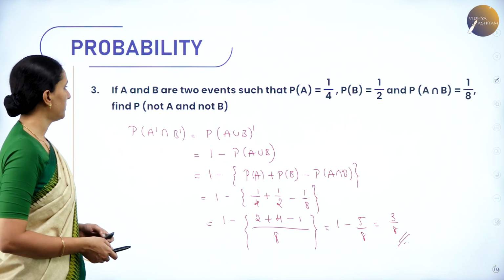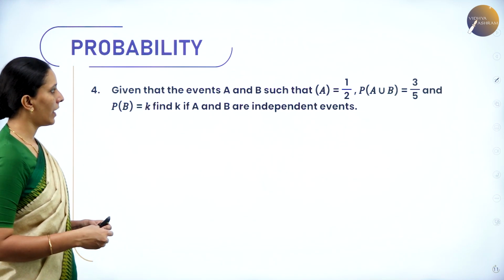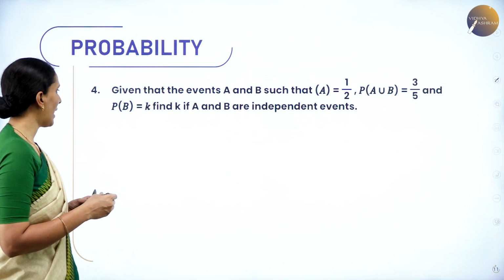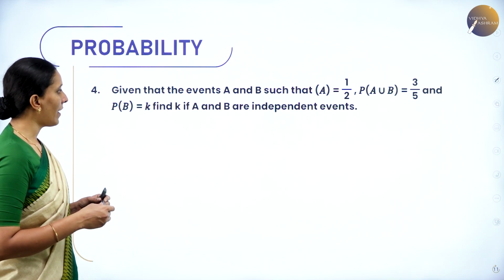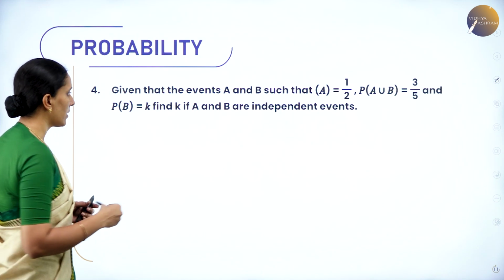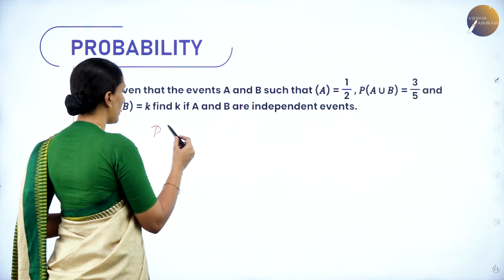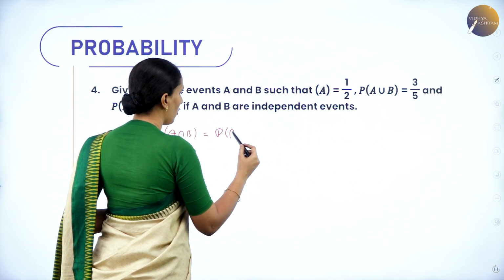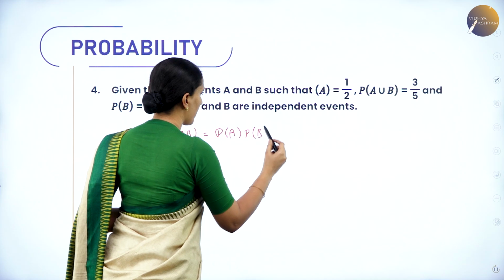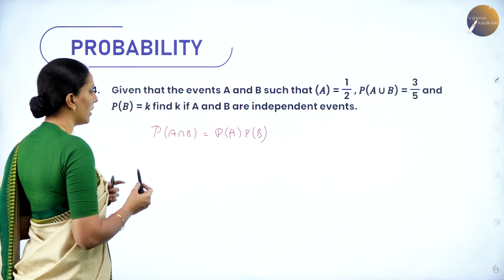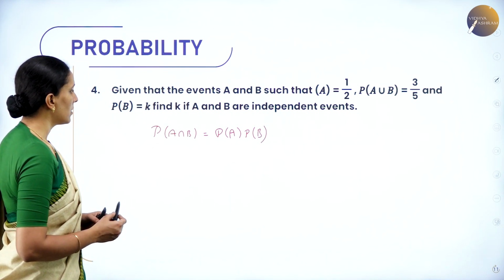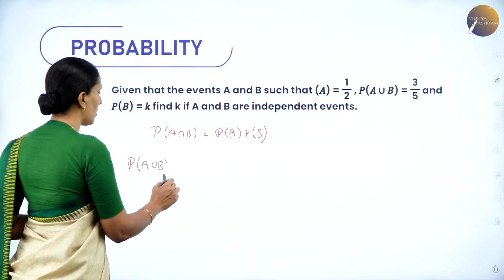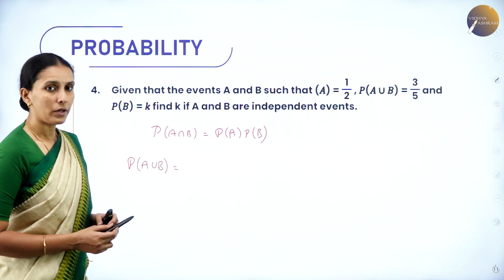Next question. Given that events A and B such that P of A is 1 by 2, P of A union B is 3 by 5 and P of B is equal to K, find K if A and B are independent. If A and B are independent events, then probability of A intersection B will be equal to P of A into P of B. A intersection B is not given here. So here let's consider P of A union B because the probability of A union B is given.